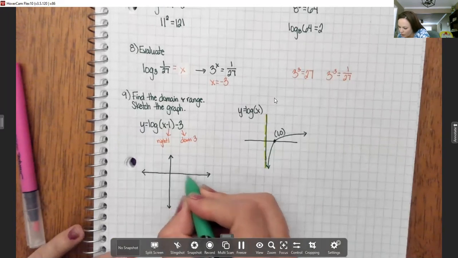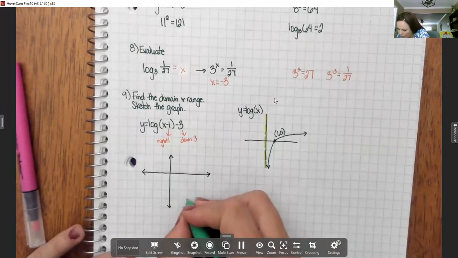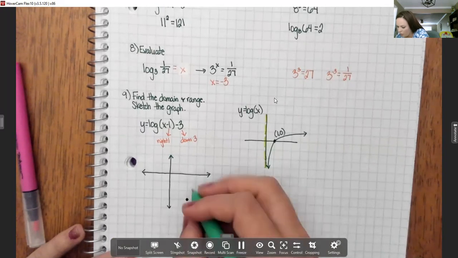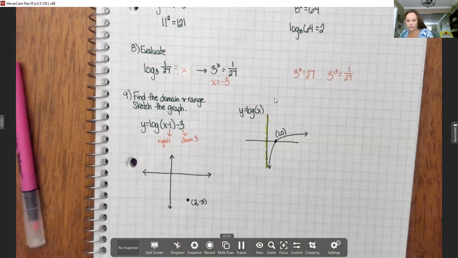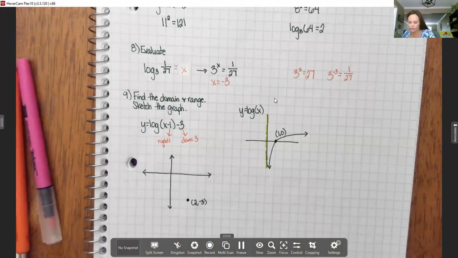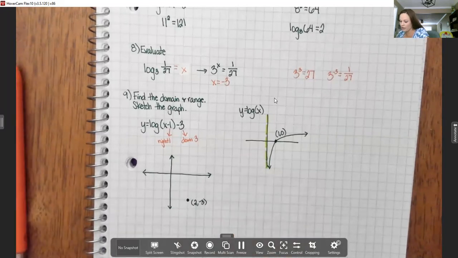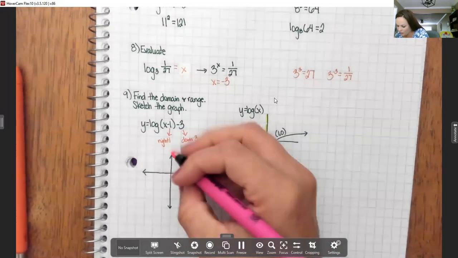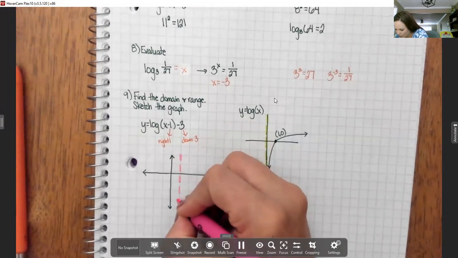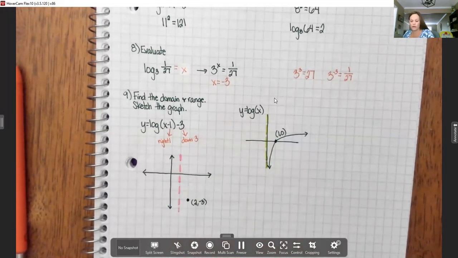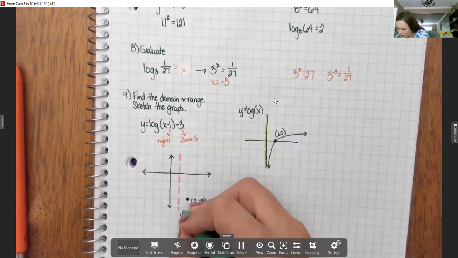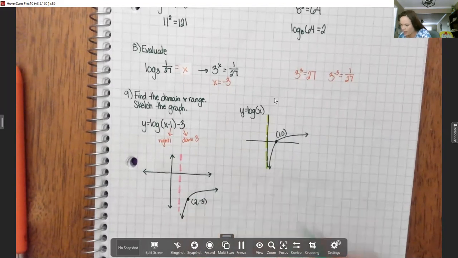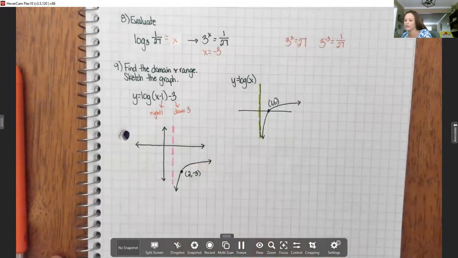So it was here at 1, 0, right 1 and down 3 is now the point 2, negative 3. And our asymptote that was here at the y-axis moves right 1. So now we have an asymptote right here. And the graph just looks the same. That's kind of that locator point we would use. And it's going to curve like that, with this being the asymptote.